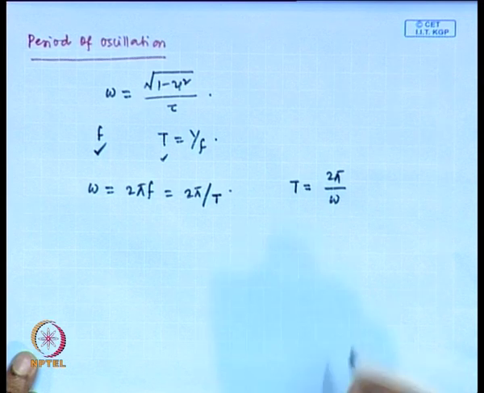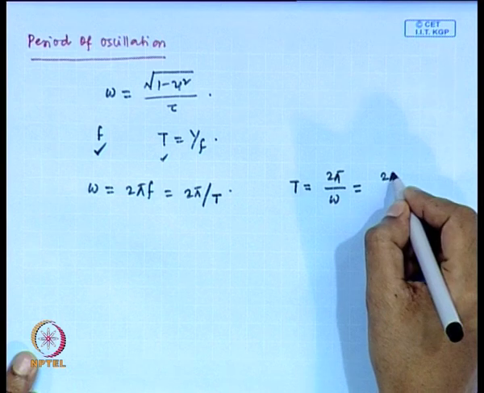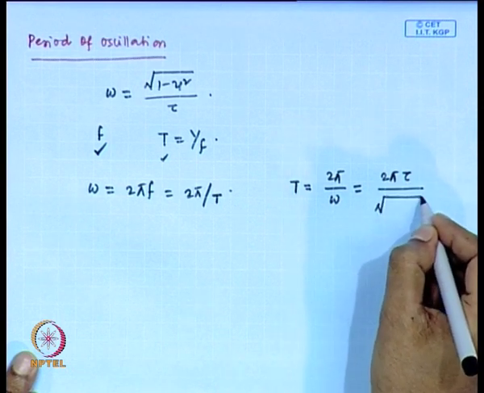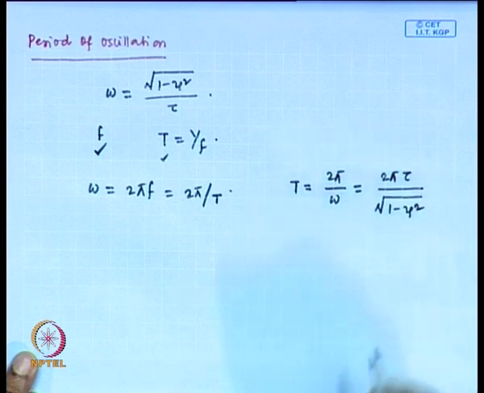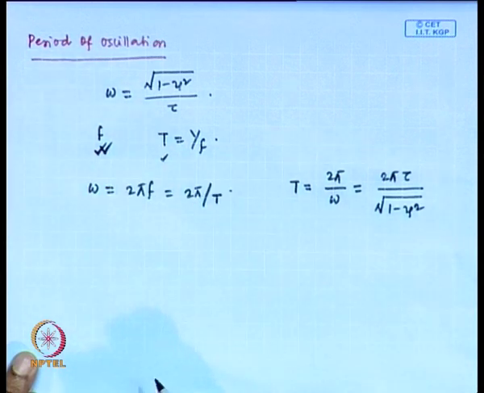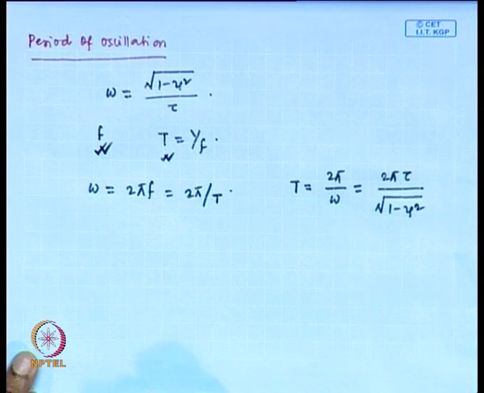Substituting the expression of omega, we finally obtain 2 pi tau divided by root over of 1 minus zeta square. If f is the cyclical frequency, then we know the period equals 1 by f.